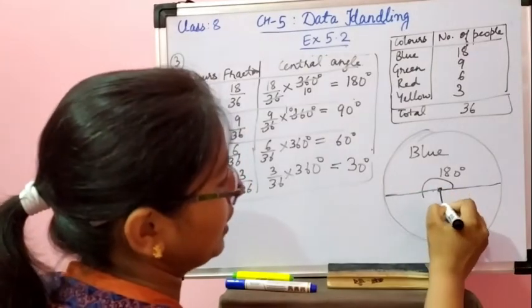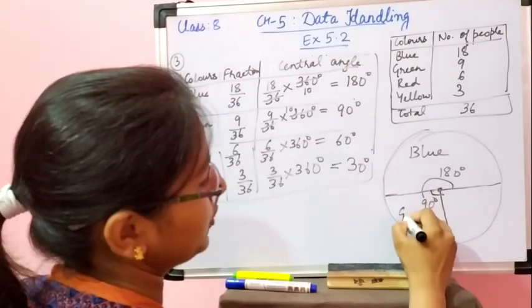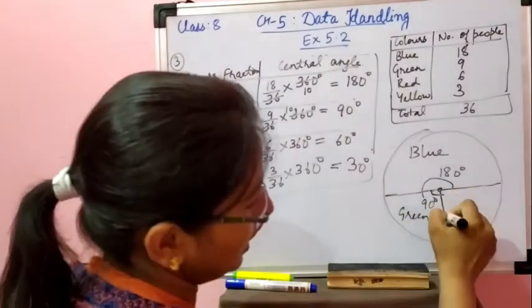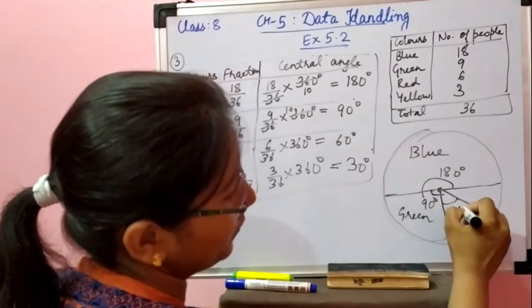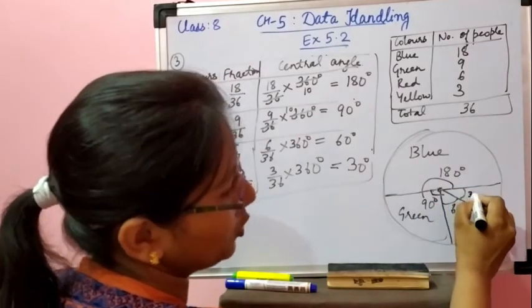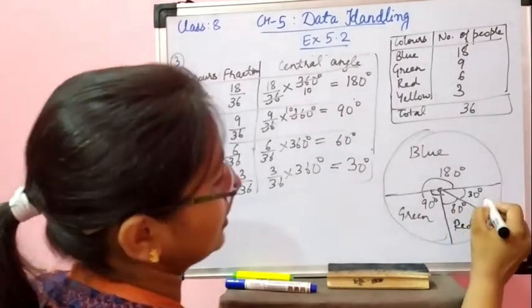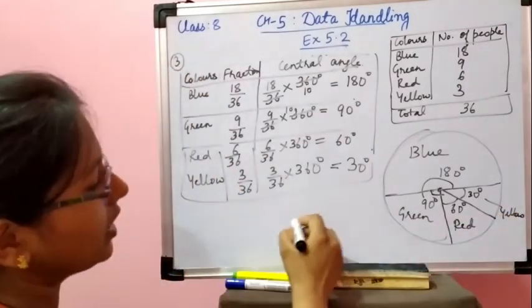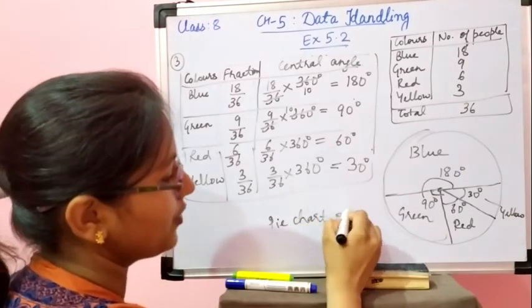Again we can keep it here, and this is 90 degrees. This is for color green. And then red, 60 degrees. Now keeping it on this, we can make 60 degrees. And the remaining will automatically be 30 degrees. So this is red and this is yellow. So in this way you can draw the pie chart, and for the heading you can write pie chart of colors.